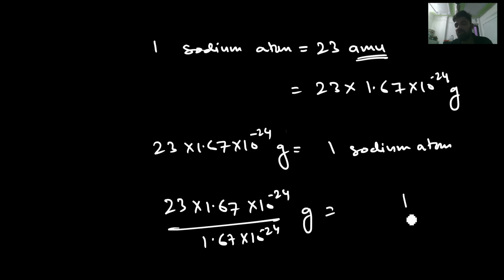Similarly, you divide 1.67 into 10 to the power minus 24 on the other side too, because if you divide a number on the left hand side, you divide the other side also.